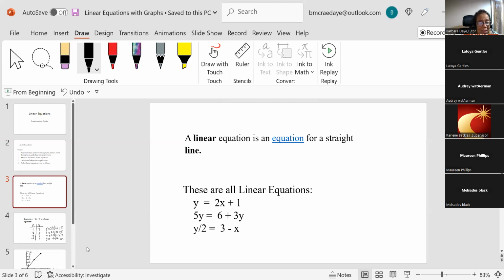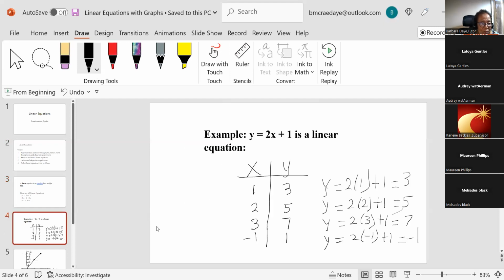Now, let's look at the table format first. And let's take that Y equals 2X plus 1. That's the equation for the line, okay? Now, if I put the table, I have X values and Y values.